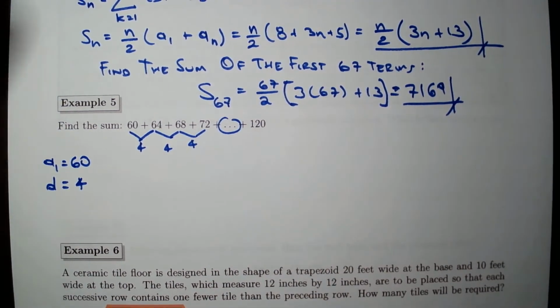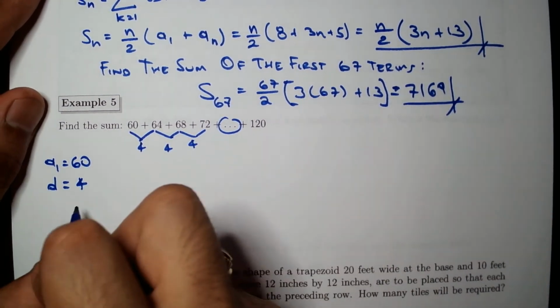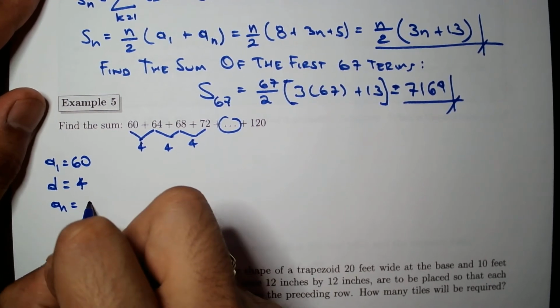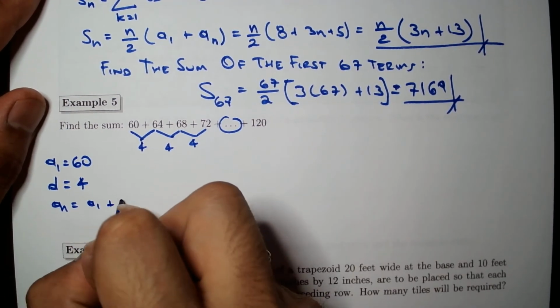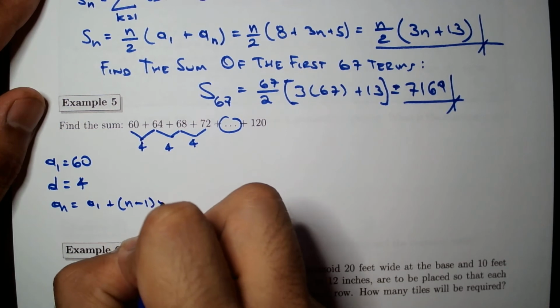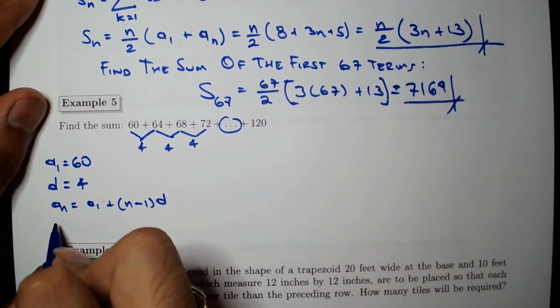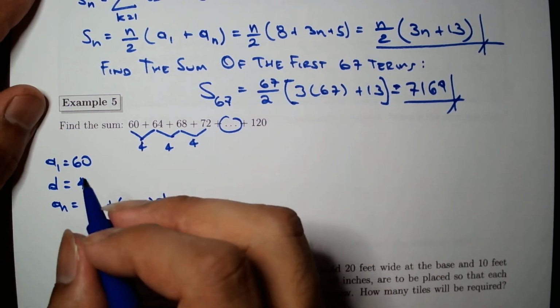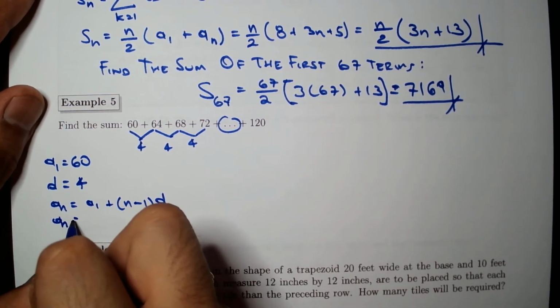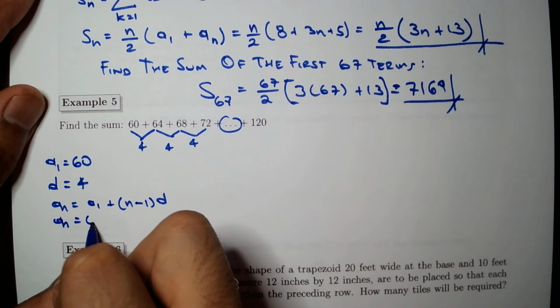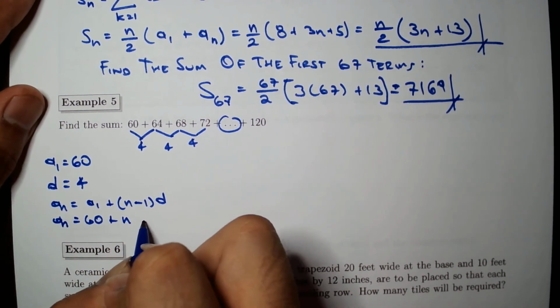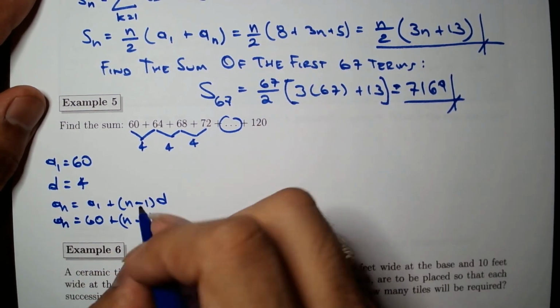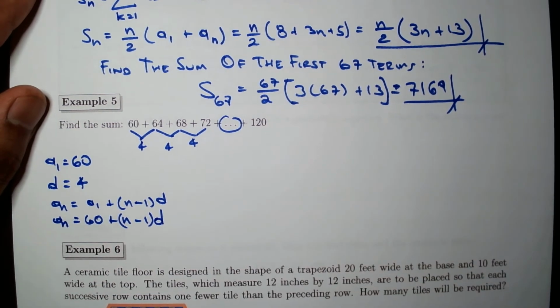So we need to figure that out first using the formula for a sub n equals a sub 1 plus n minus 1 times d. So a sub n equals the first term, which is 60, plus n minus 1 times the common difference.